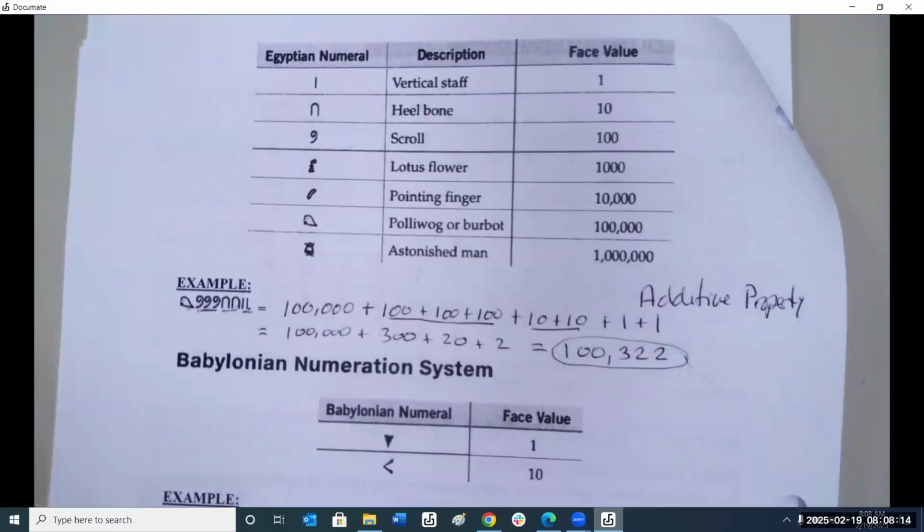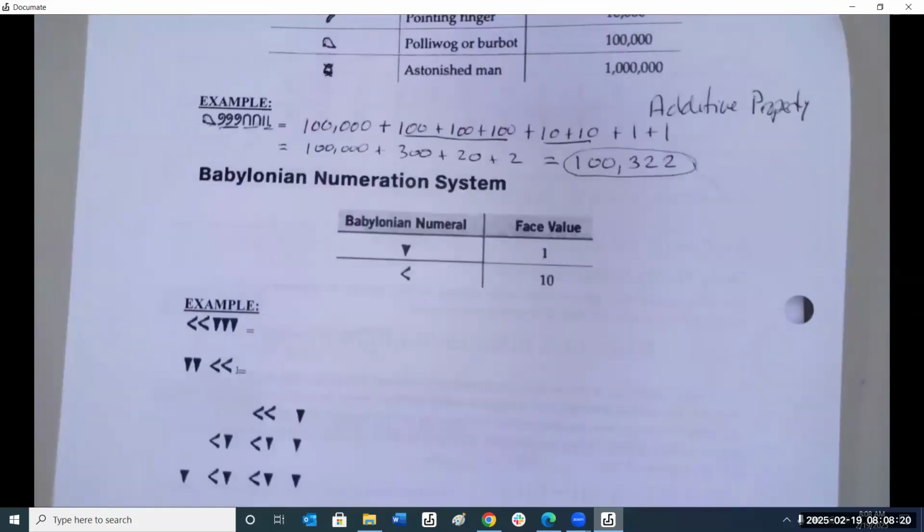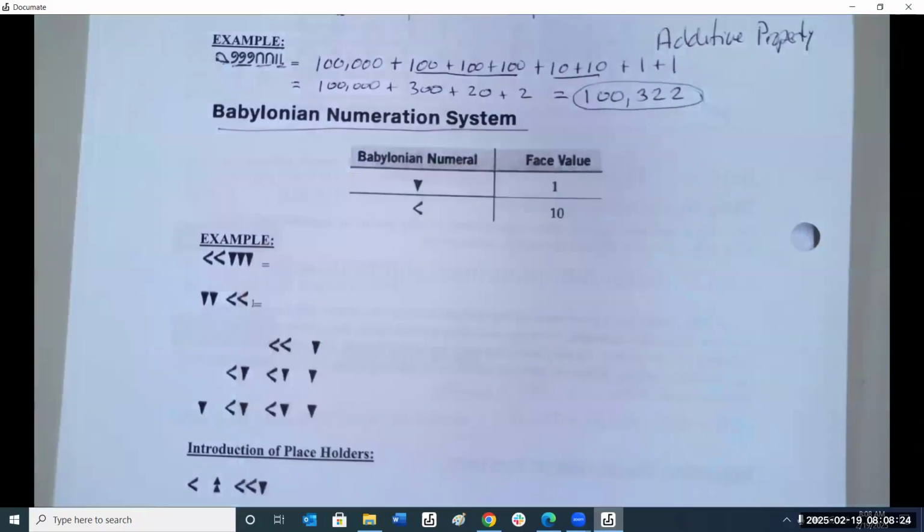That was pretty good. Jump forward another couple of thousand years, we look at the Babylonian number system.